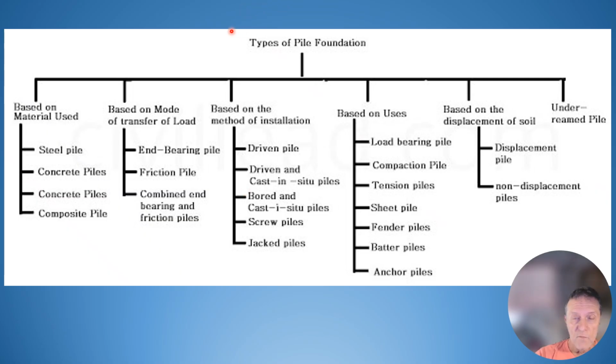Different types of deep footings or foundations include, based on the material used, steel pile, which is basically a beam made of steel. You may have the pile made of concrete. So what does this mean? You have an end-bearing pile, where you design the pile based on the bearing capacity of the soil on the end only. Friction pile, you may design a pile based on the friction that's built up along the sides of the pile surrounded by the soil or rock.